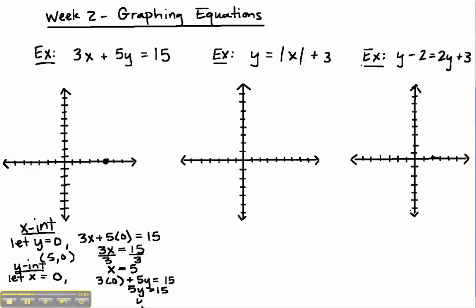And when we divide by 5, that leaves us with y equal 3. So our ordered pair is (0, 3). Starting at the origin again, 0 tells us that we do not move to the left or to the right. The second number, 3, tells us to go up 3 units, 1, 2, 3, and graph our point.